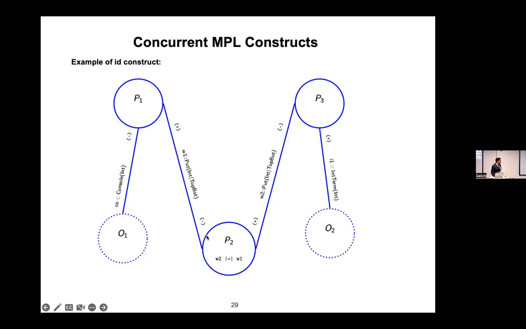Now this process P2 is not going to put this value in turn on W2. All it is going to do is equate W1 and W2. Right? And once these two channels are equated, the value that was put on W1 should be available for process P3 to read from, which it reads and shows to the user on this end.